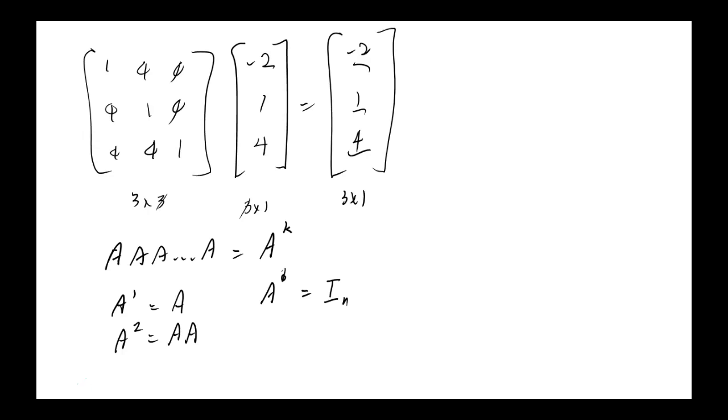For A a square matrix of order n. Now, here are two properties that you can derive from that. First, if you have A to the jth power times A to the kth power, what would you guess that might be? J plus K. You're absolutely right. Just like we do for real numbers.